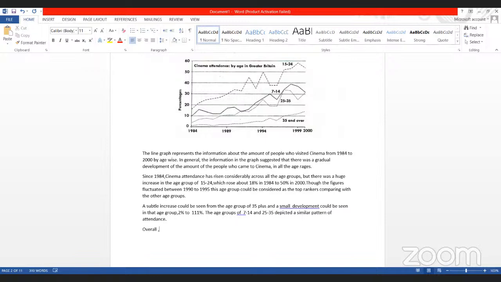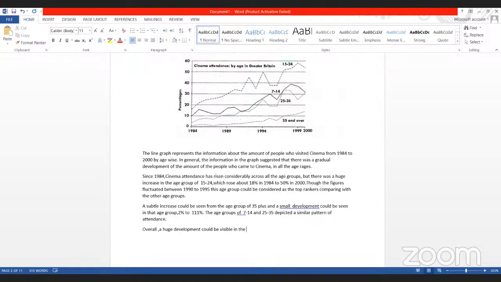Overall, a development could be visible, right?